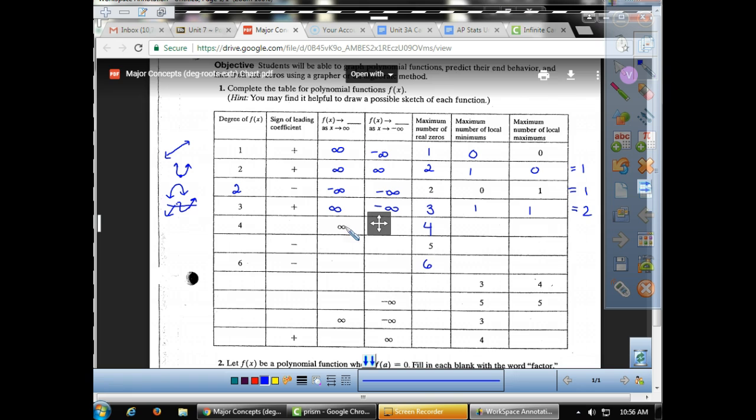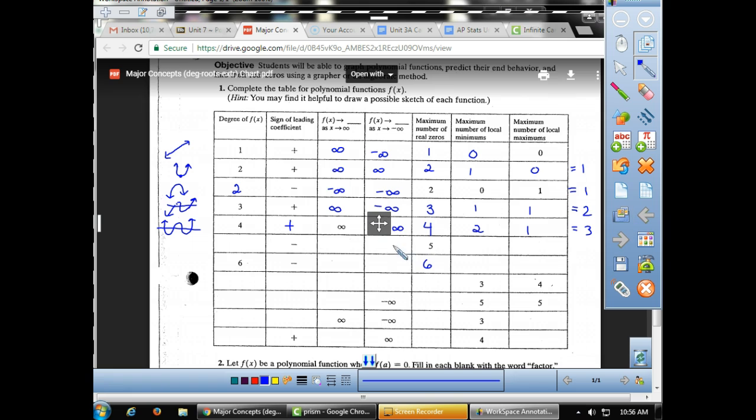If this one is up, then this one is also up, and this must be positive. You can have 4 real zeros. You may want to sketch this, because this could do something like this. So there's the possible 4. You may not have 4, but you can have up to 4. How many local mins? 2, local max 1, and then you get a 3 here.